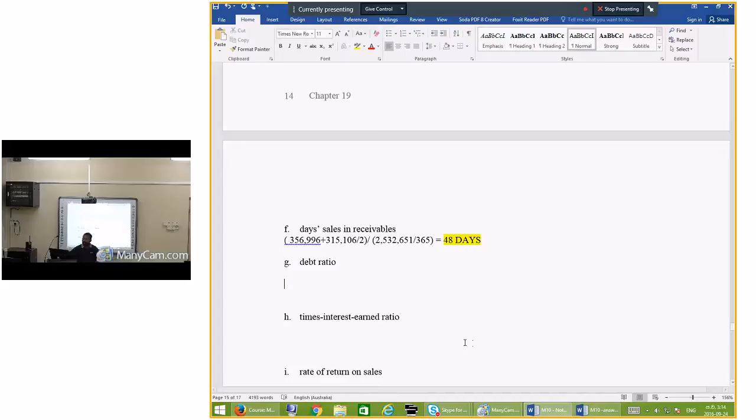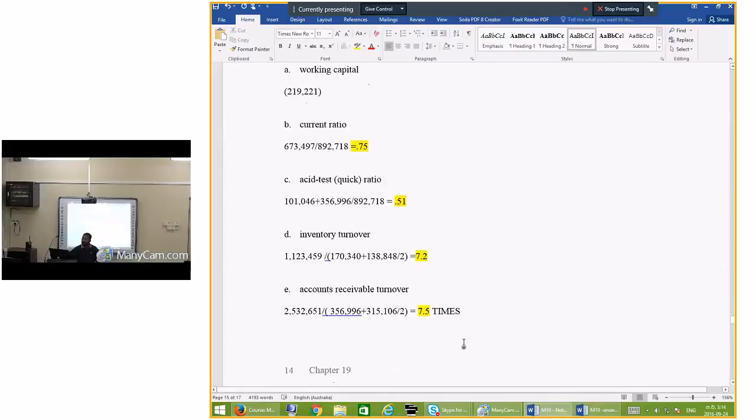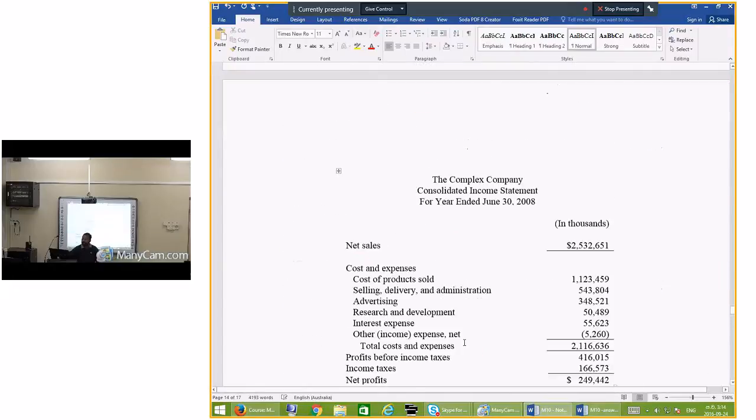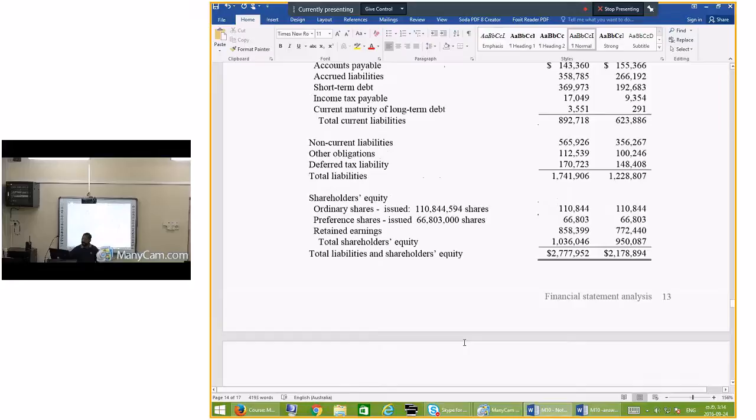Debt ratio: total debt divided by total assets.